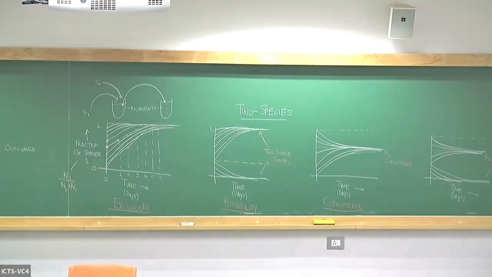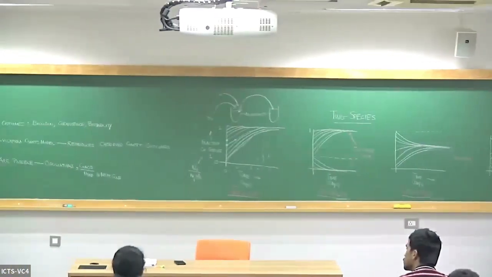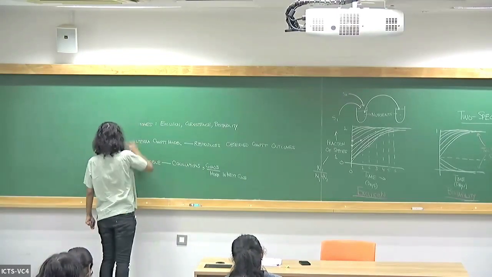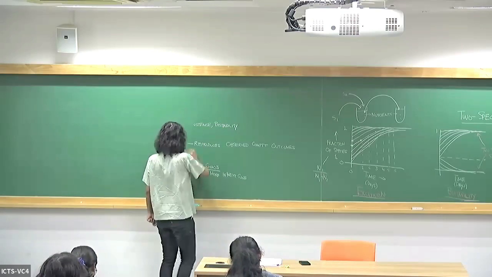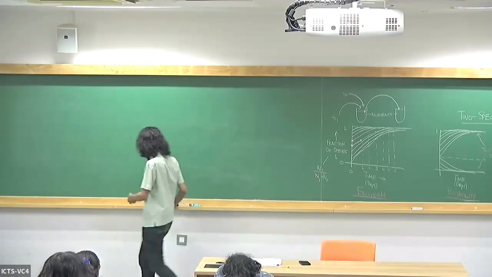Okay, good. So let's talk about the model that we want to make. The simplest model of species competition is the Lotka-Volterra competition model, not to be confused with the Lotka-Volterra predator-prey model.